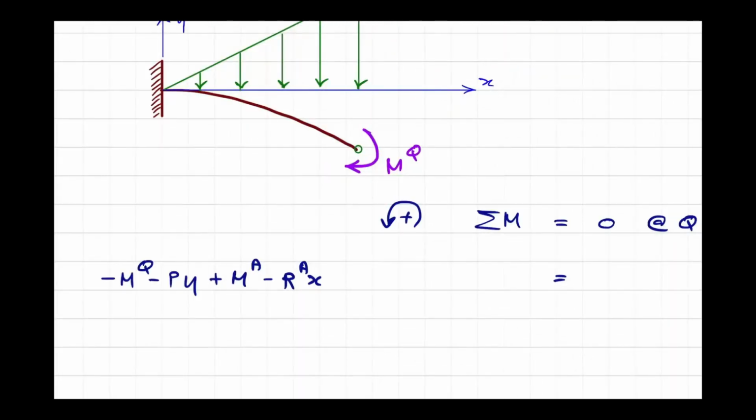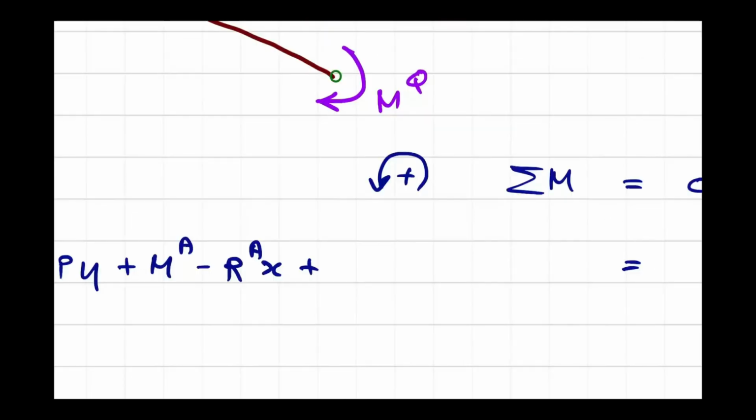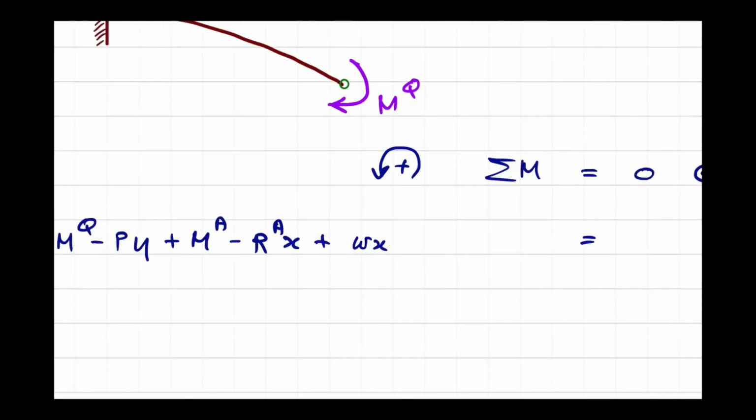So we have plus that distributed load, plus WX over L multiplied by X over 2.